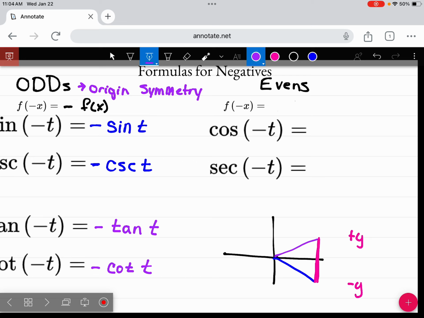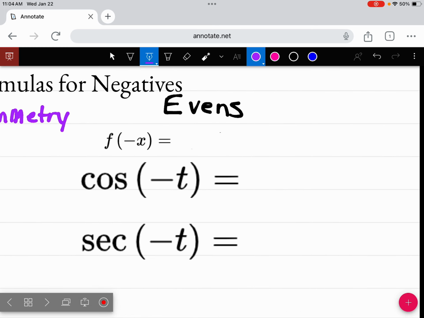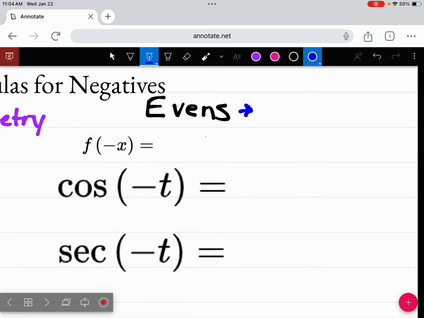So evens, what's up? Evens, these have our y-axis symmetry, which we'll deal more with symmetry stuff when we get into the graphs, but I'm just putting it here so we see it. This is our y-axis symmetry.